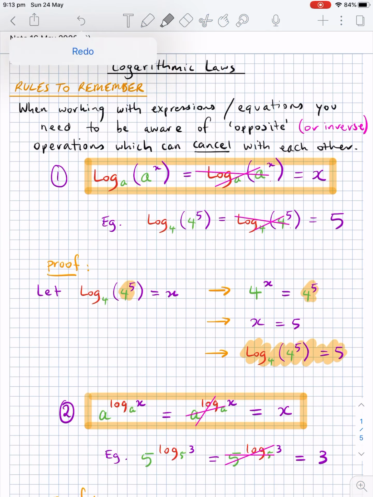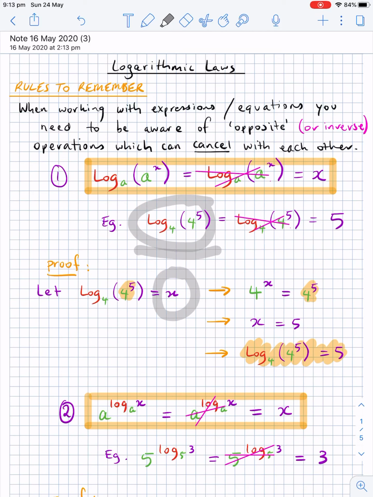We should understand the proof behind why this expression is equal to 5. The way to do this is to let it equal x, because at the moment we don't know what it equals. We can rearrange this equation: the little 4 becomes our base, the x becomes our power, and the part inside the brackets becomes what it equals.